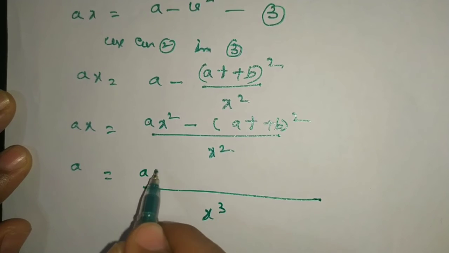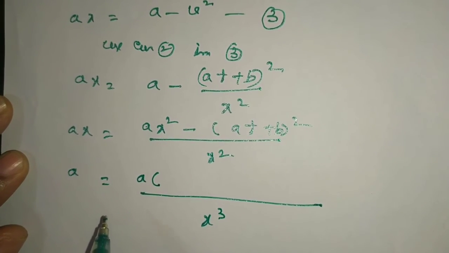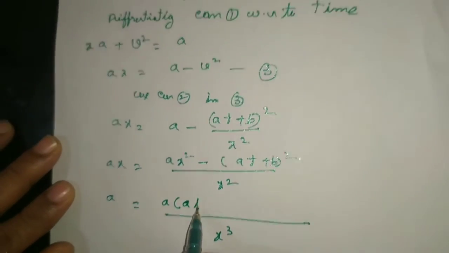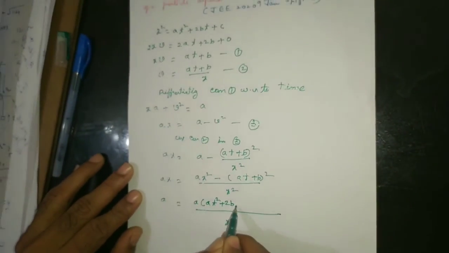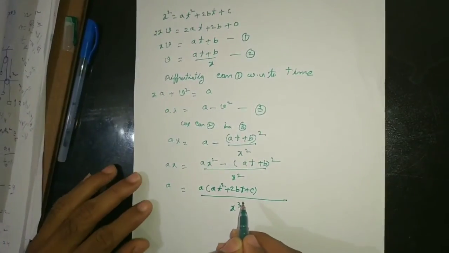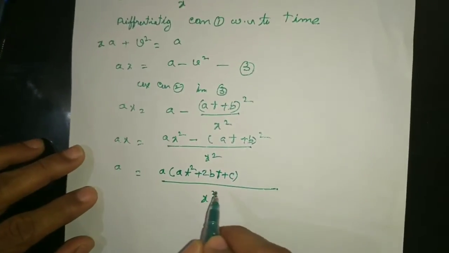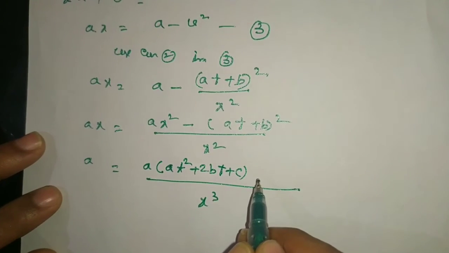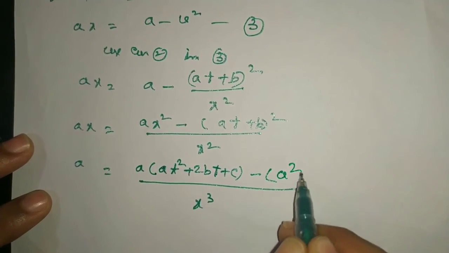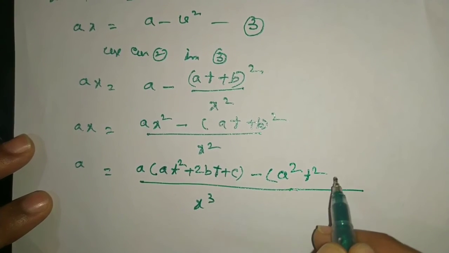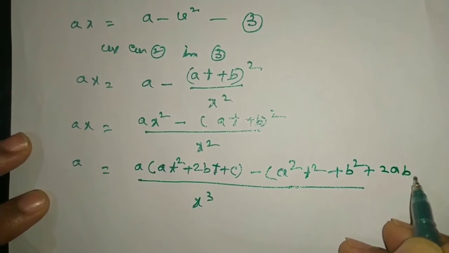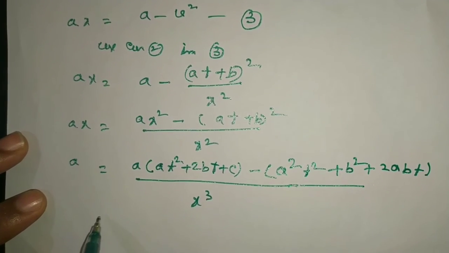In the numerator, a into the x square value from the problem. The x square value is a t square plus 2 b t plus c, so we replace it: a t square plus 2 b t plus c, minus, expanding this, a square t square plus b square plus 2 a b t.